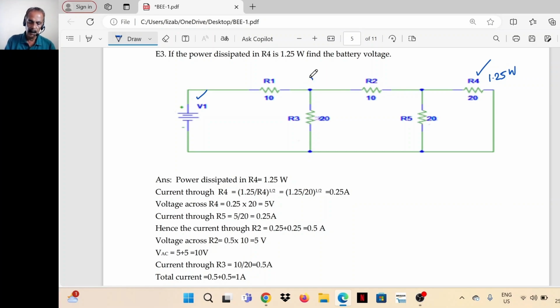I'll mark the terminals A, B, C, D. Now resistor R4 is connected between terminal C and D. Likewise, one more resistor is there. R5 is also connected between terminal C and D. So I'll assume a voltage across it.